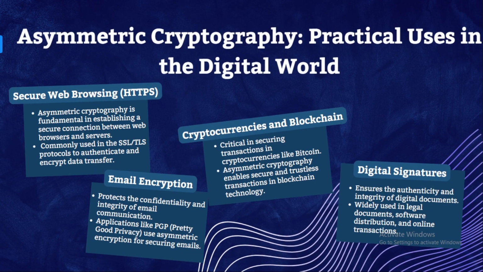Where do we use public key cryptography? It's widely used. In fact, it's used right now, as you are watching this video on YouTube, you're using HTTPS. Asymmetric cryptography is fundamental in establishing a secure connection between web browsers and servers. It can also be used in email encryption, protecting the confidentiality and integrity of email communications.